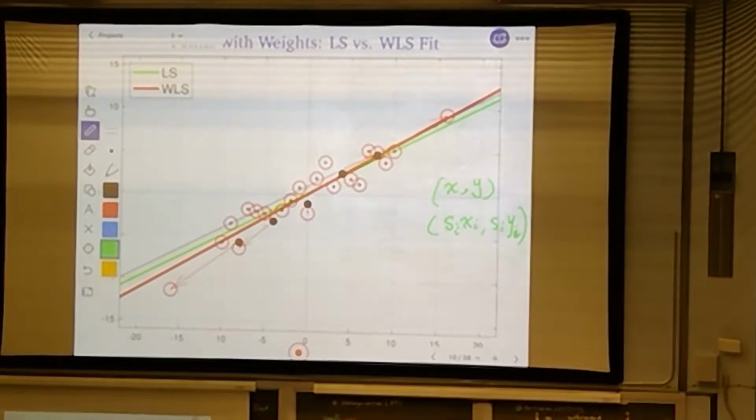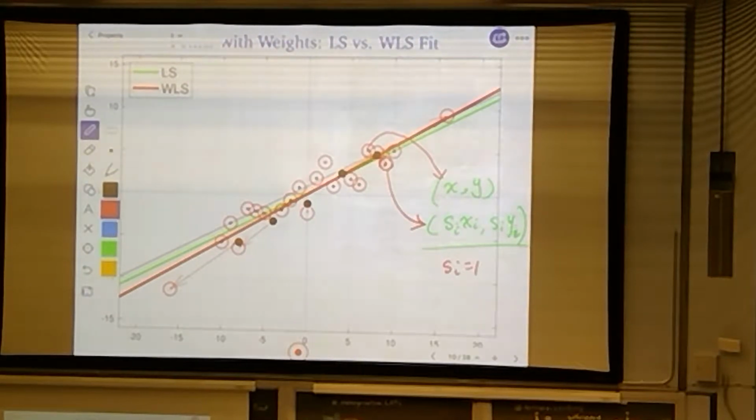The red circle is the scaled version. The black points are the solid points, the original points. You can see those with the weights of 1 stay where they are, like this red circle, because when si equals 1, they're the same.